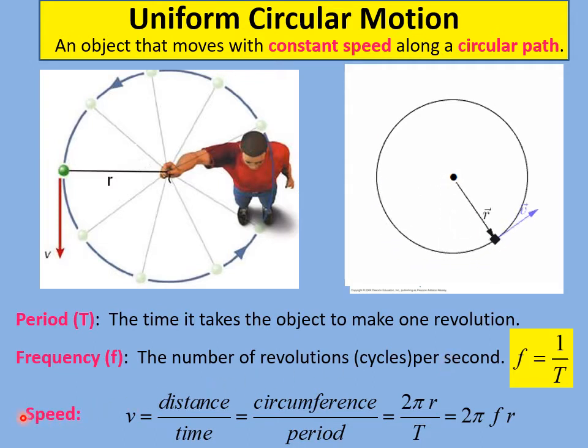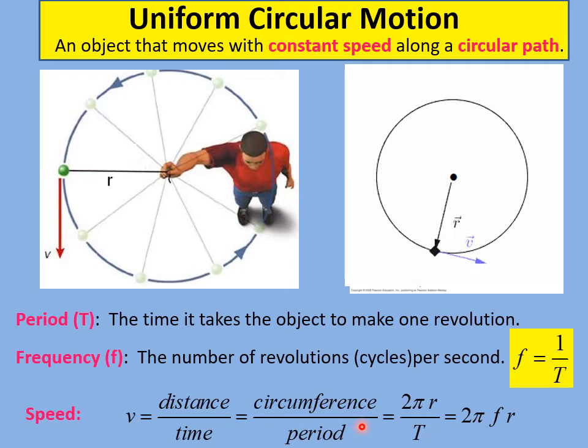The speed of the object: obviously this object is moving. It's covering a certain amount of distance per unit time. That's the definition of speed. So one way we can characterize its speed very simply is by taking the distance as 1 complete revolution around the circle. That's the circumference of the circle. That's how much distance it covers during 1 period.